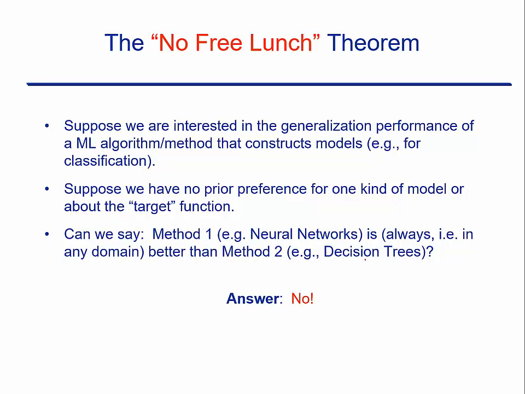in any application domain? This might seem true to us because these days neural networks and deep learning are quite hot and quite successful and achieve the state of the art in almost all domains. And also decision trees seem to be a quite old-fashioned algorithm. But unfortunately, this statement is not true.